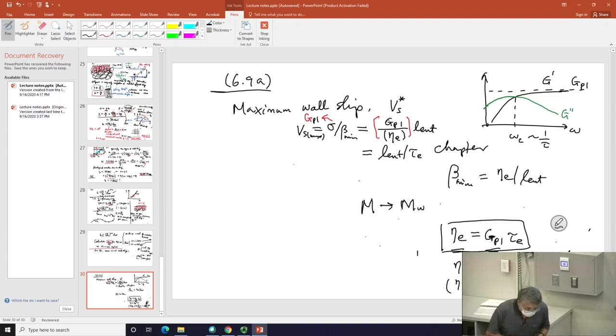Yeah. I know for notational simplification, I have just been using M in this book, actually, without saying MW.